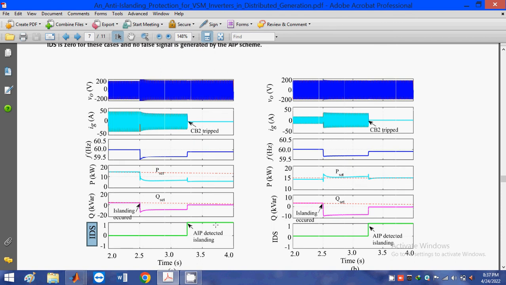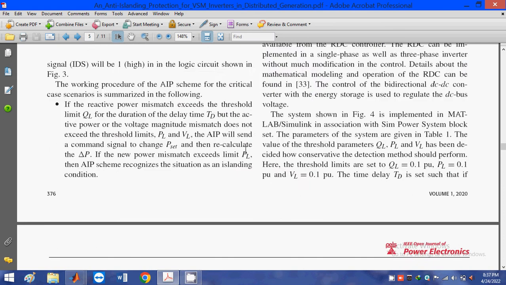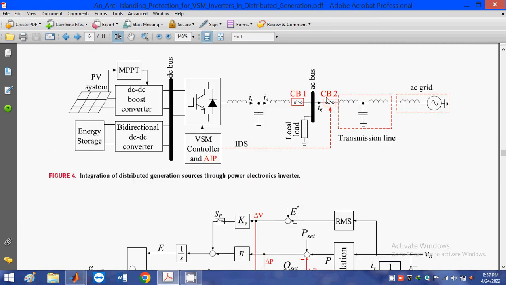That means at that time the circuit breaker CB2 is going to operate. Where does this CB2 take place in the design? This is the CB2. When CB2 turns on, it means the AC main grid is unable to deliver the power to the loads.